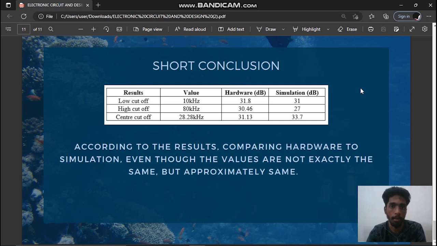For example, as I mentioned earlier, instead of a resistor value of 159k ohm, we used 150k ohm plus 6.2k ohm and also 150k ohm plus 10k ohm, which makes it 156.2k ohm and 160k ohm respectively. This might be the reason why the hardware results are not exactly the same as the simulation.